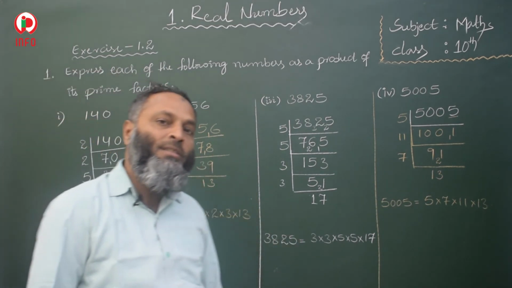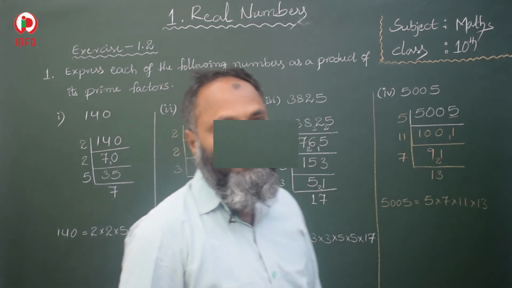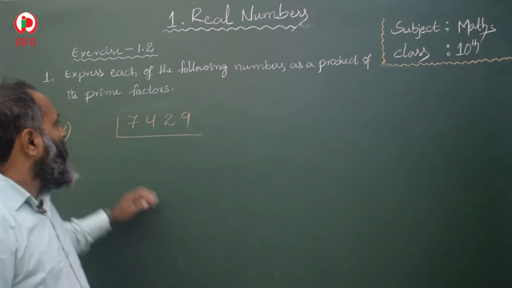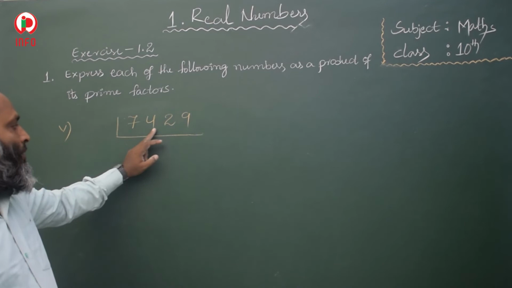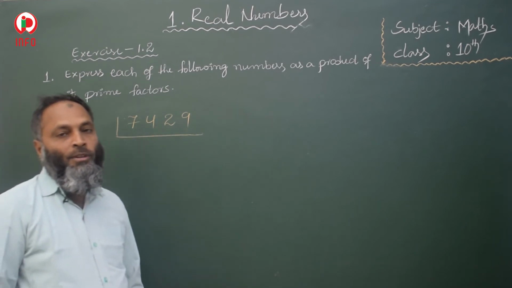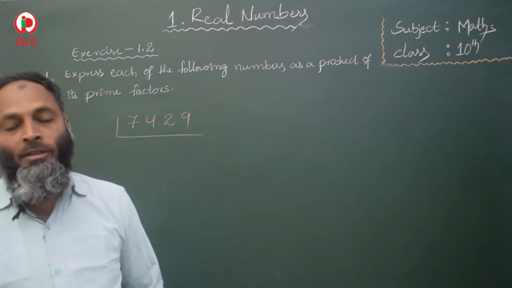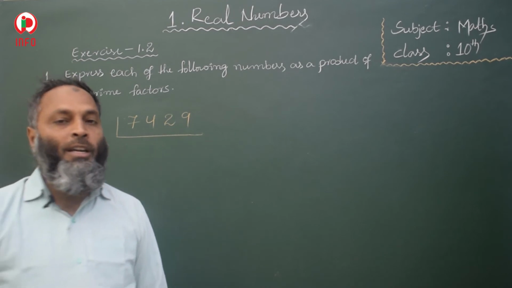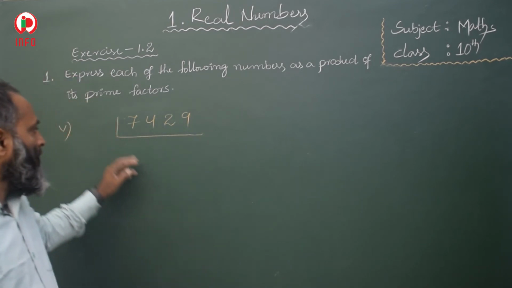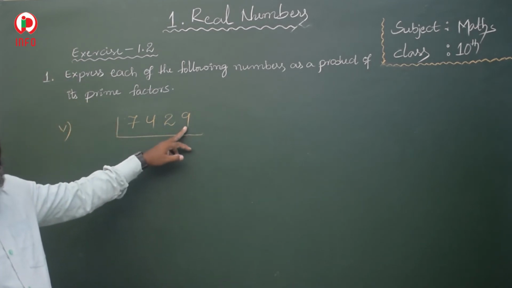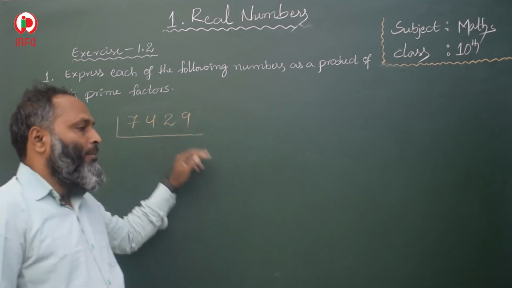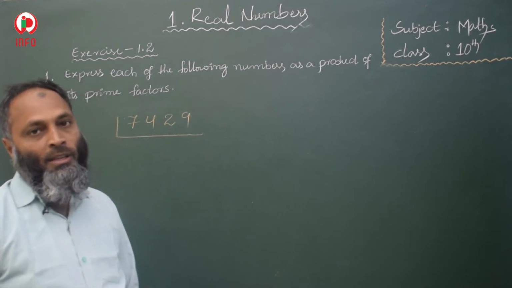Okay, students, see here. The next question is 7429. We should write its prime factors. First we have to check with 2. Here in the ones place an odd number is there, so it won't divide with 2.